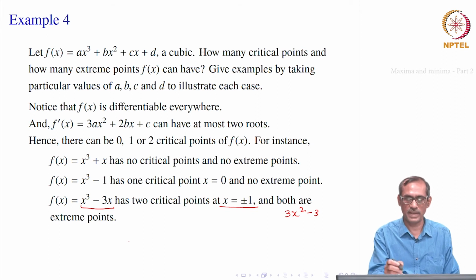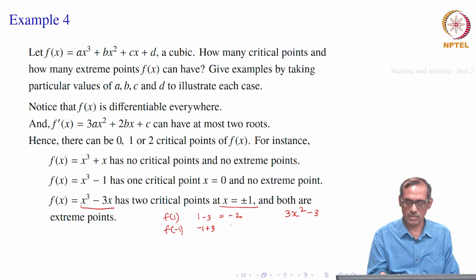You have to find some neighborhoods and then complete the argument, but that is what you see intuitively. For x cubed minus 3 x, if you substitute 1, it gives 1 minus 3, which is minus 2, that is f of 1, and f of minus 1 is equal to minus 1 plus 3, which is 2.